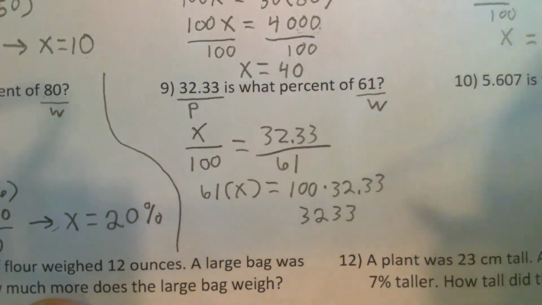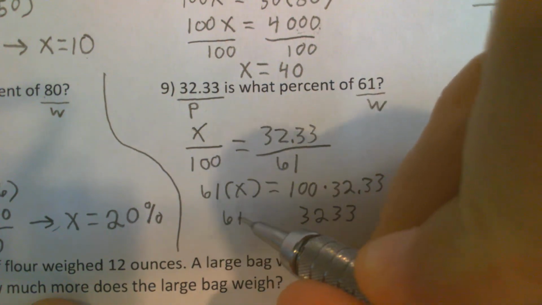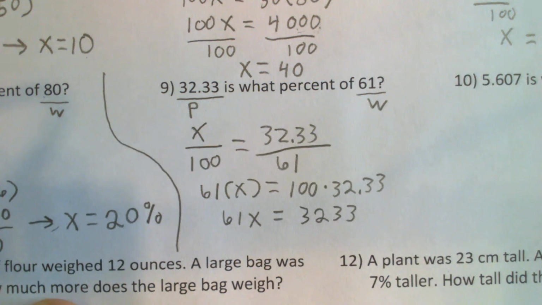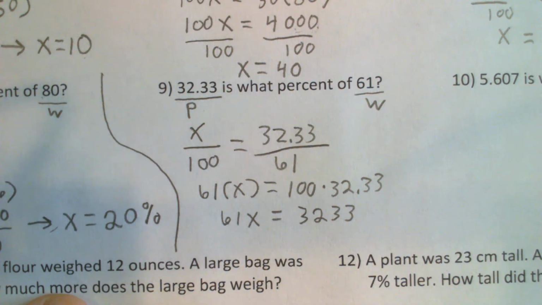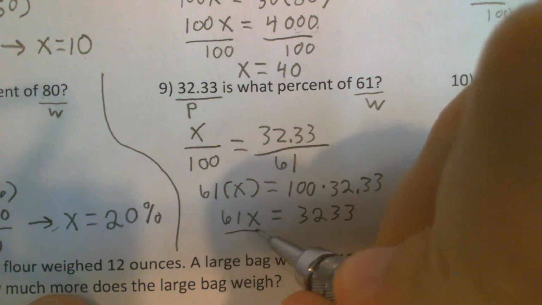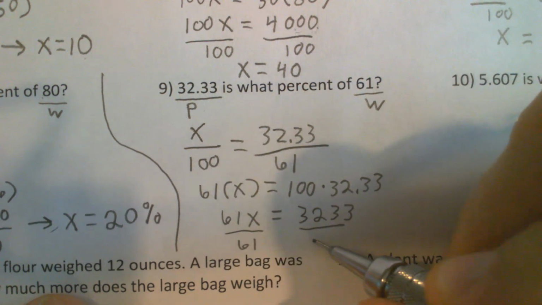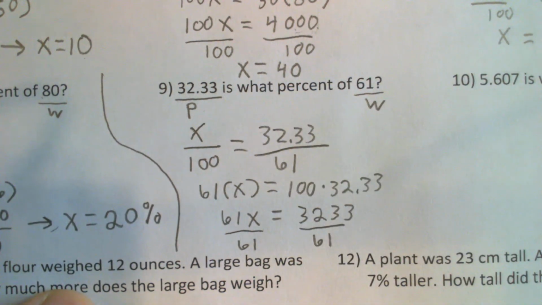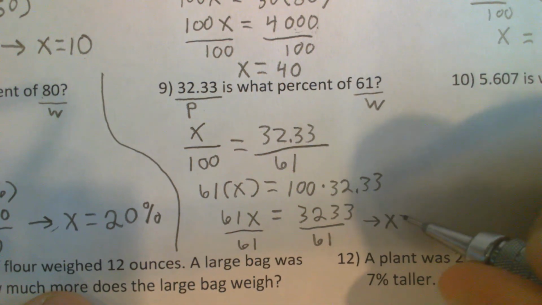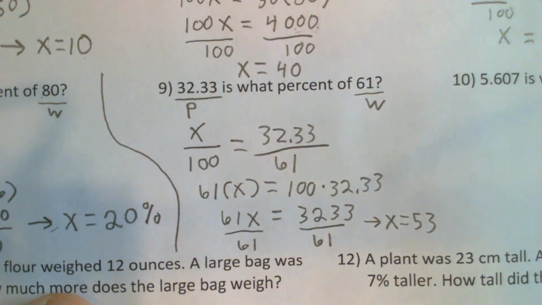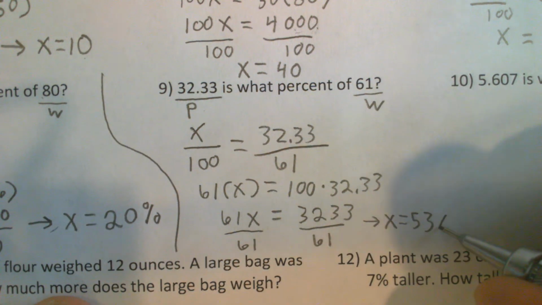After we multiply by 100, 61x carries down. After we divide by 61, we are going to get 53. Again, this is our percent. So add a percent sign.